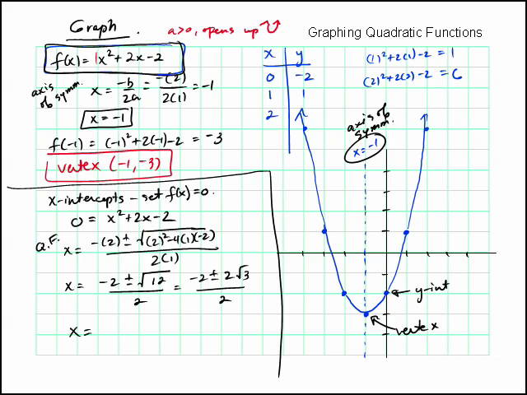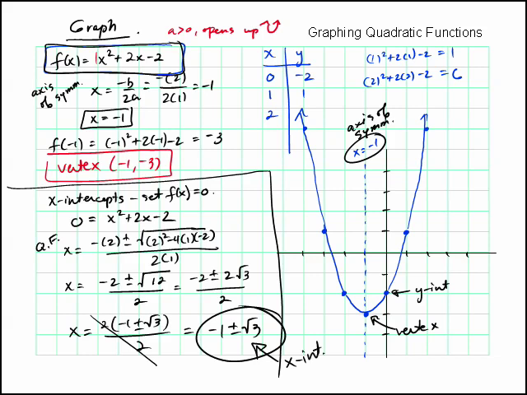If I factor a 2 out of the numerator, I can reduce like that. And so my x-intercepts are at negative 1 plus or minus the square root of 3. Right there. X-intercepts.